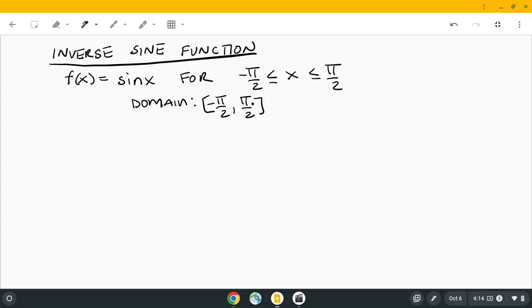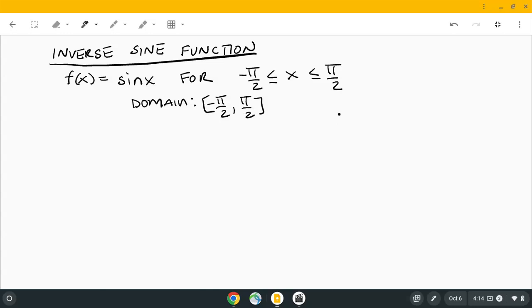We can only go from negative pi over 2, which is the same as negative 90 degrees, all the way up to positive 90. So you can use 30, 45, 70, 60, negative 20, negative 80, but you can't use negative 91. So you can only go between these two angles when you plug in here.